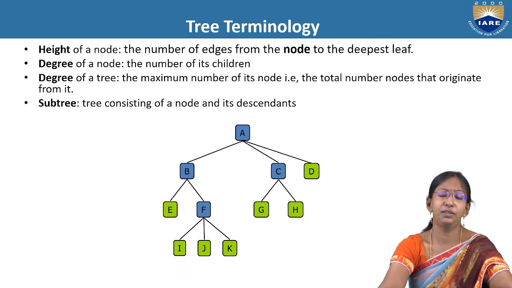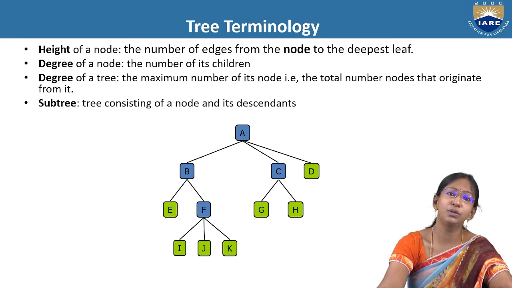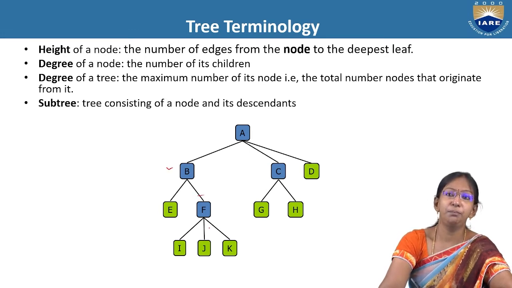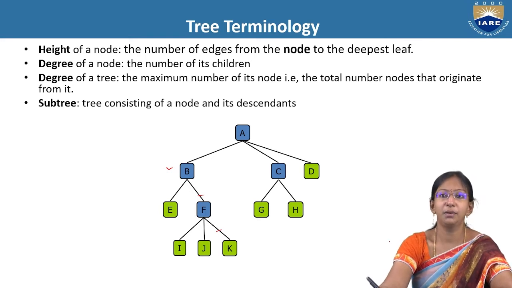Next, height of a node. The number of edges from the node to the deepest leaf is the height. What is the height of B? To the deepest leaf. Deepest are I, J, K. All three are at the same level. So the height is 2. Coming to the height of the root node.